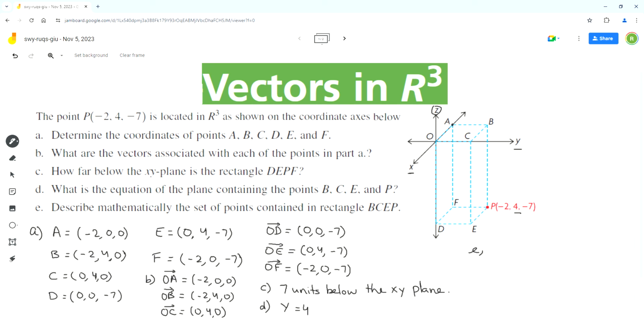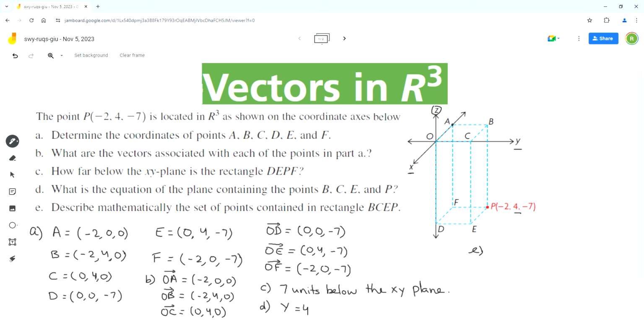Now we can analyze part E. Describe mathematically the set of points contained in rectangle BCEP. BCEP has points for which the y coordinate is always equal to 4. The x number can vary, the z number can vary, but the y coordinate for all points will be equal to 4.